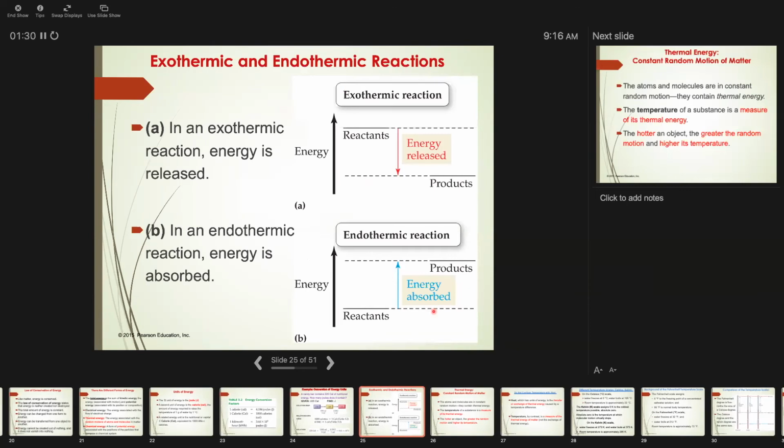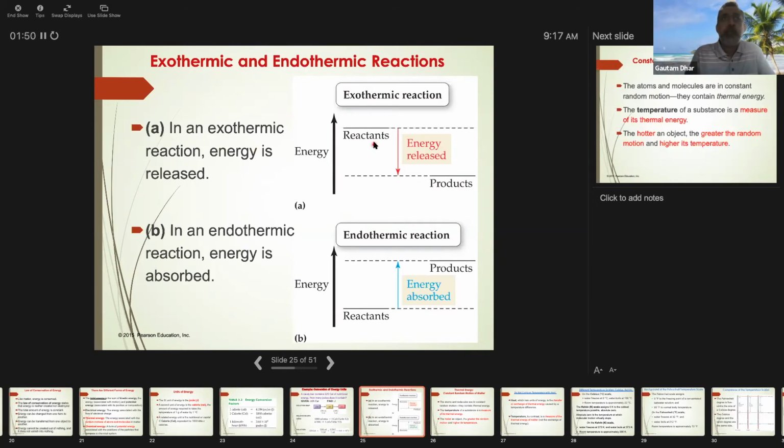Now, when you're doing a chemical reaction, energy is either released or absorbed. Why is energy released? If you look at case A, the reactant is at high energy.